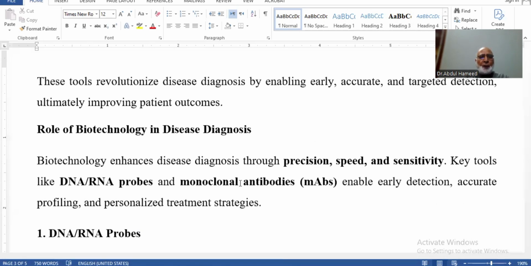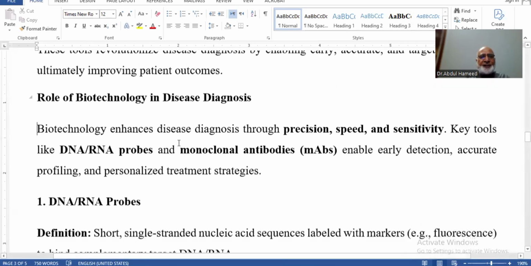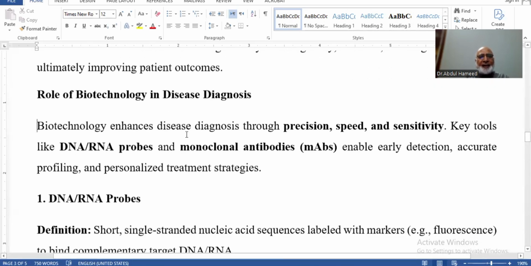So in order to summarize and provide the revision, the role of biotechnology in disease diagnosis: biotechnology enhances disease diagnosis through precision, speed, and sensitivity. These are very important points: precision, speed, and sensitivity.